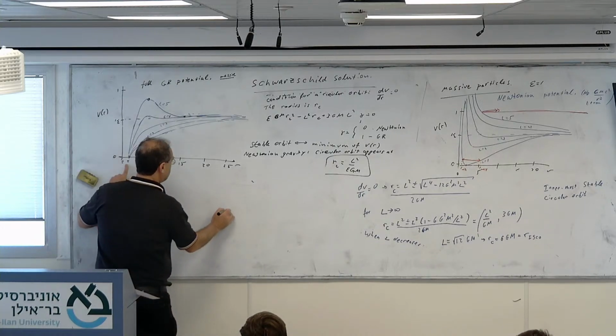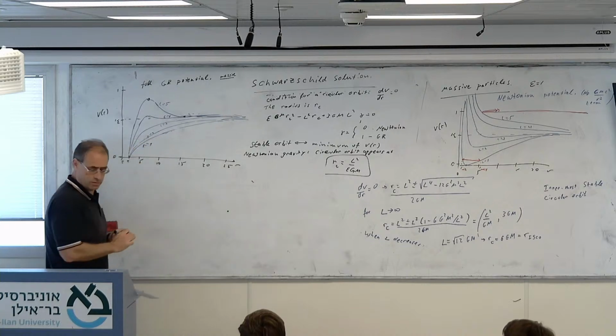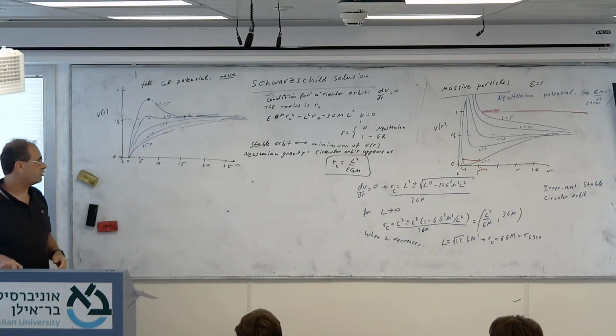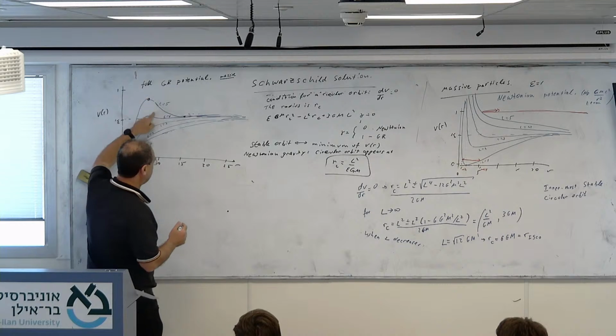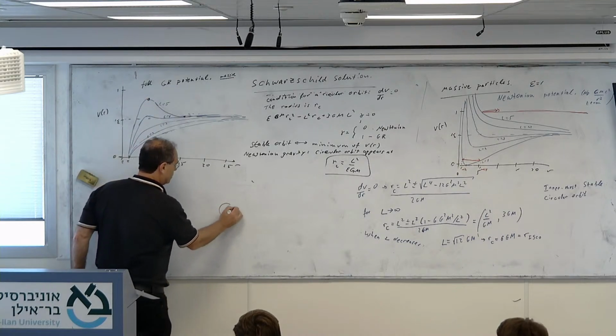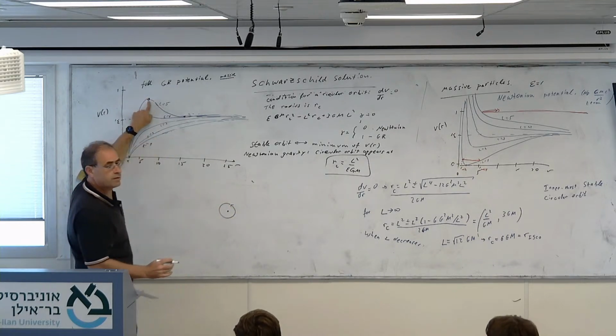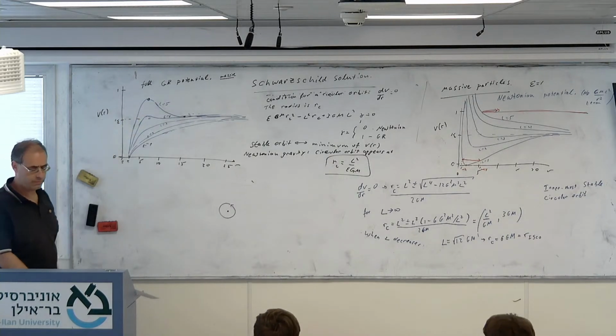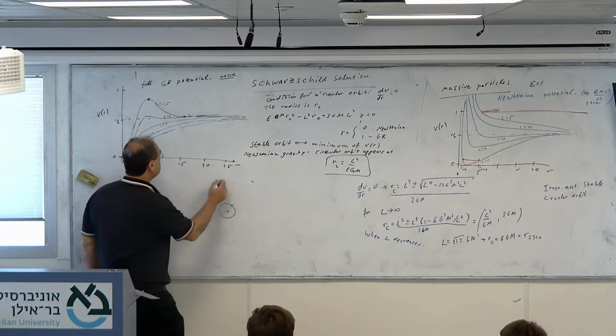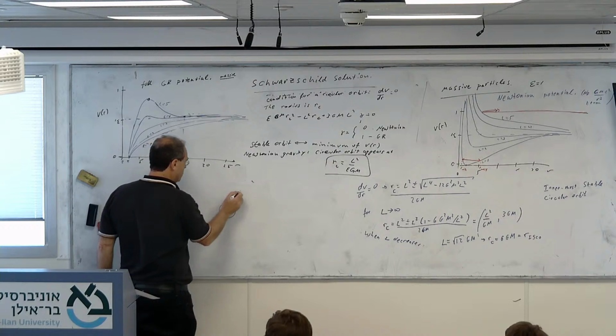So we have the center of the object. These are circular orbits. Of course, this is not a stable circular orbit, and this is a stable circular orbit.